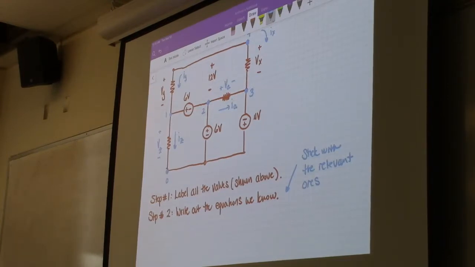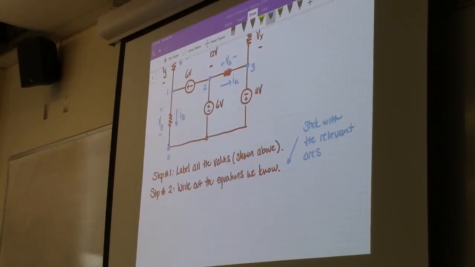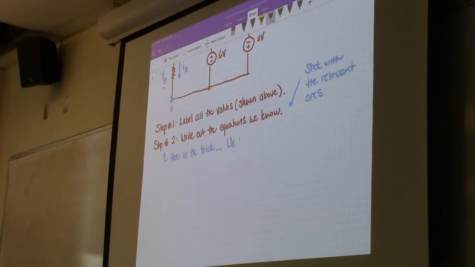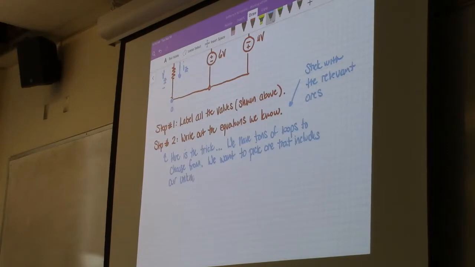Okay, so here's the tricky thing. So the trick to this problem, I mean, there's longer ways to do it.